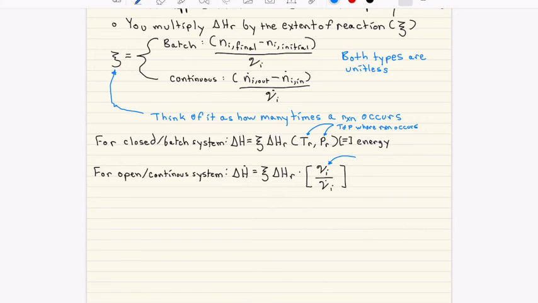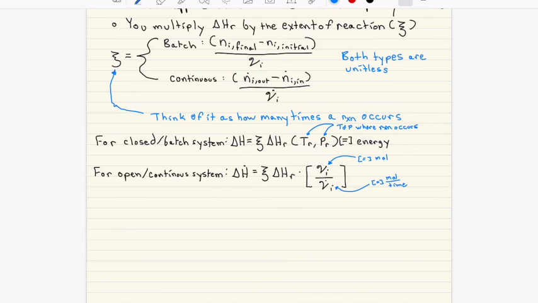If we want to get that per time unit, we have to multiply by this ratio in brackets. That's because the stoichiometric coefficient we have here has units of moles, and our stoichiometric coefficient rate has units of moles per time.